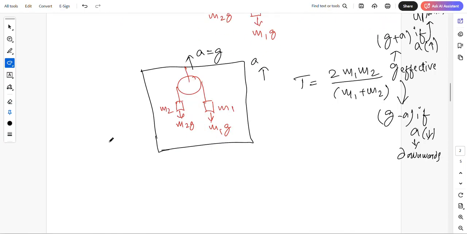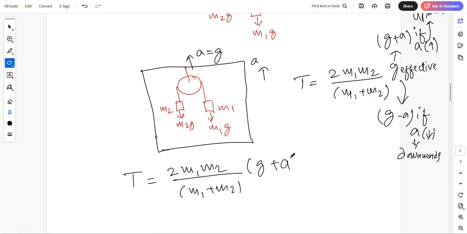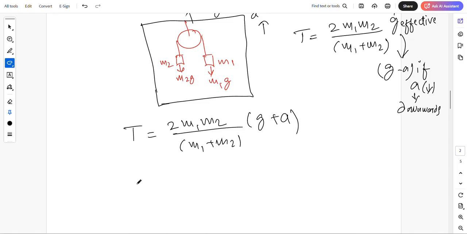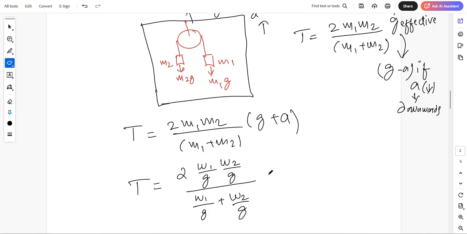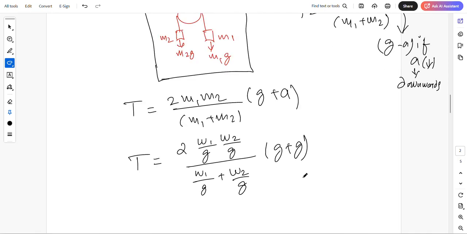Now use the same thing. T is equal to 2 m1 m2 divided by m1 plus m2, into g plus a, that is g plus g. Since the masses are given in terms of weights, it is 2 into W1 by g, into W2 by g, divided by W1 by g plus W2 by g. g plus g is 2g, and 2 into 2 is 4.